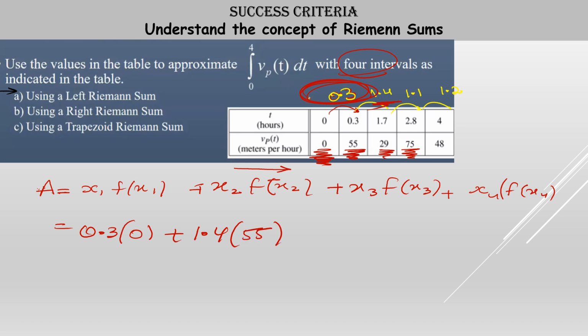Then we have x3, that is 1.1, and f of x3 we are going to take as 29. Then our x4 is 1.2, and our f of x4 will be 75. And then you calculate it and get the answer.